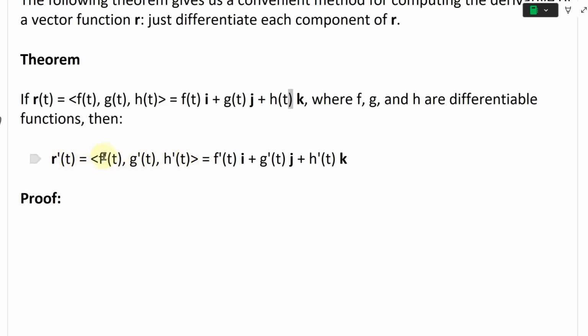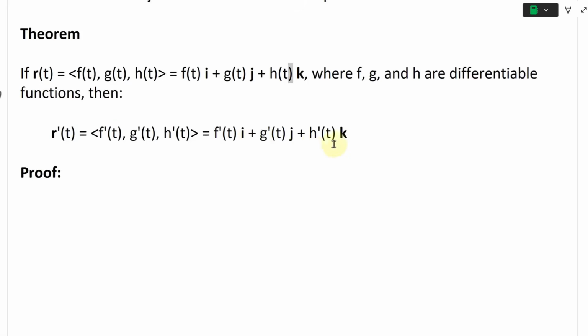Again, in 3D, these would be the x, y, and z components of this vector function. And in ijk format, you can write it as f prime of t i plus g prime of t j plus h prime of t k, where i, j, k are the unit vectors in the x, y, z directions.